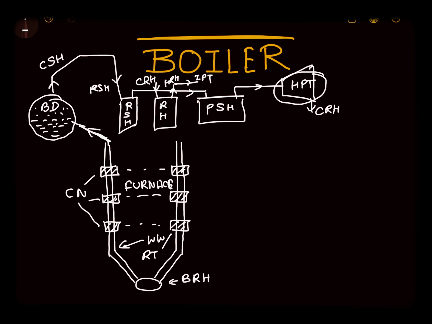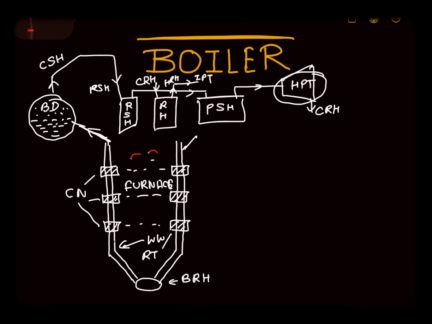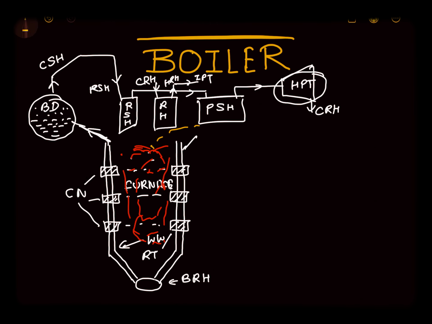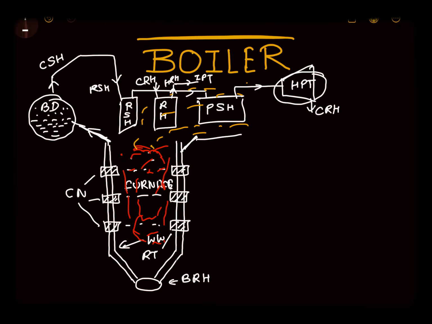Now whatever are flue gases, because here the furnace is burning, here the temperature is very high, here the coal is burning, the powder form of coal is burning. So the flue gases which are coming from this boiler, we make a path for these flue gases to flow like this.